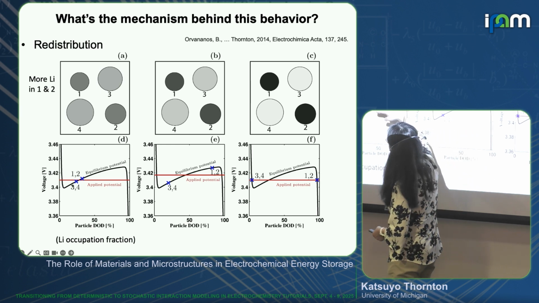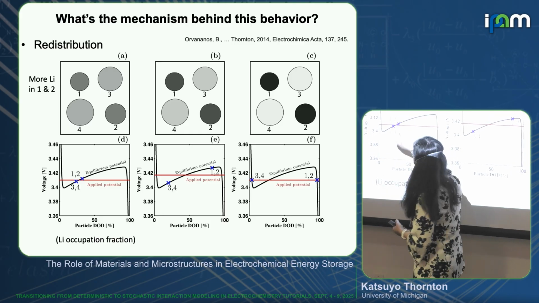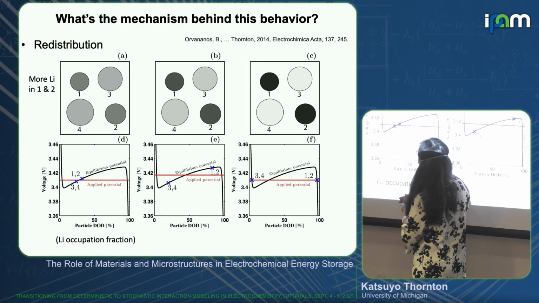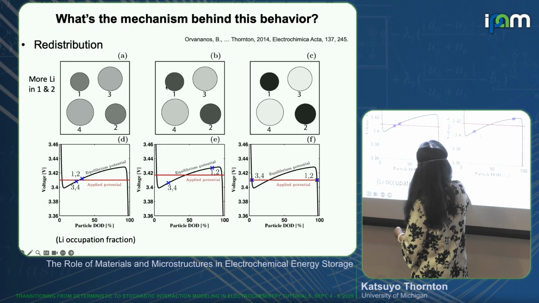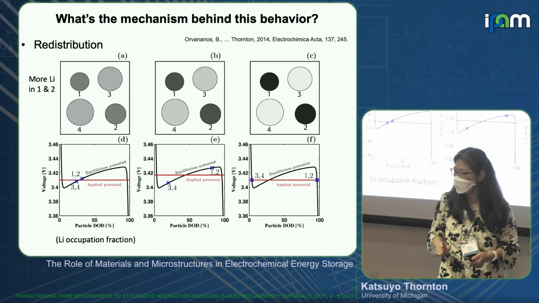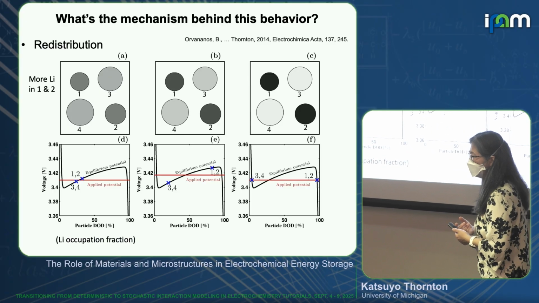If the applied potential is over here to deliver the current, then the only ones that are going to lithiate are 1 and 2. In fact, 3 and 4 will delithiate. They lose lithium from themselves.